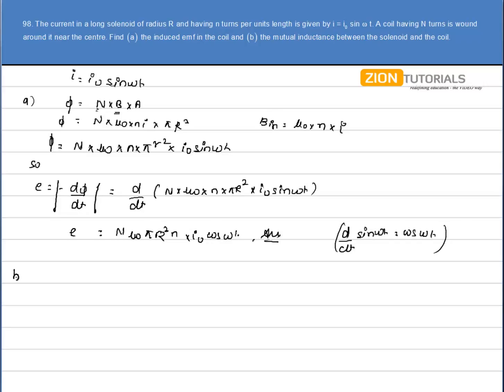In the second part, we had to calculate the mutual inductance. We know mutual inductance is given by M is equal to E divided by di by dt, in magnitude.